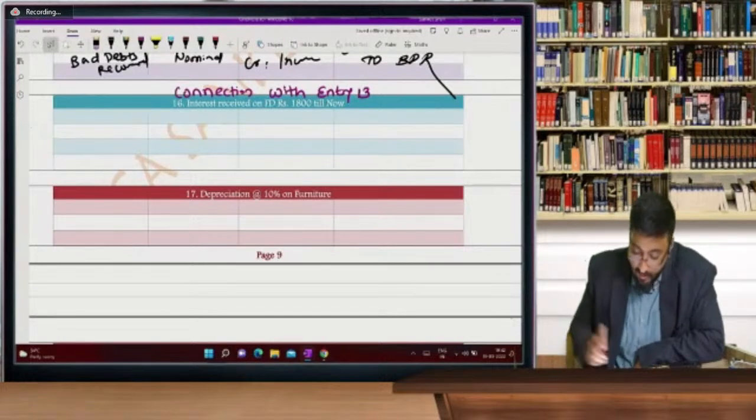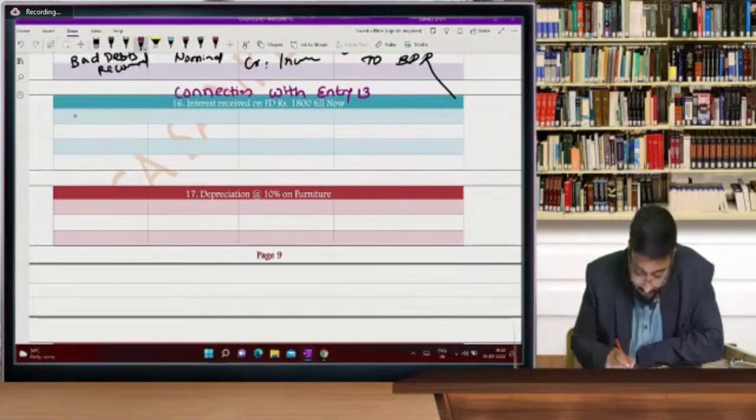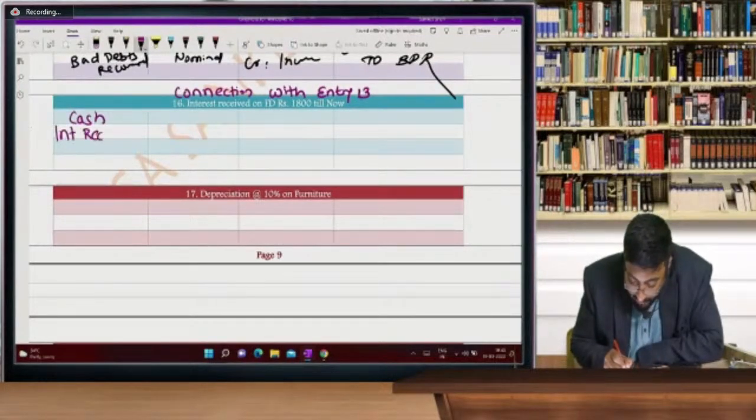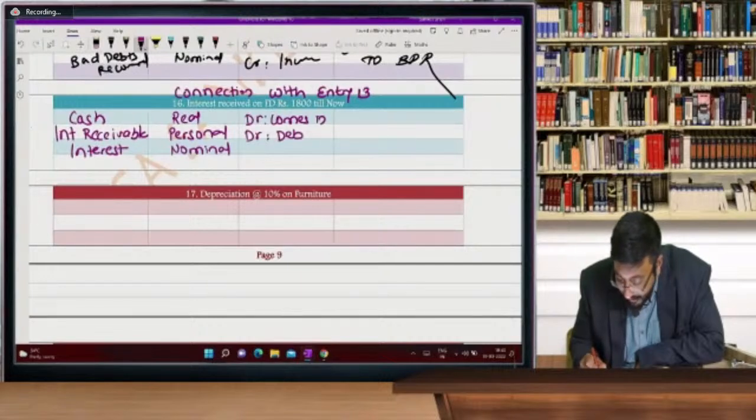What is the entry? Oh, very good. Cash account, interest receivable account. We already covered this entry today. And interest account. Real, receivable personal, interest nominal. Debit what comes in. Receivable means debtor.